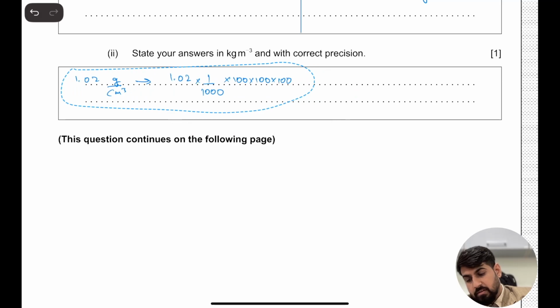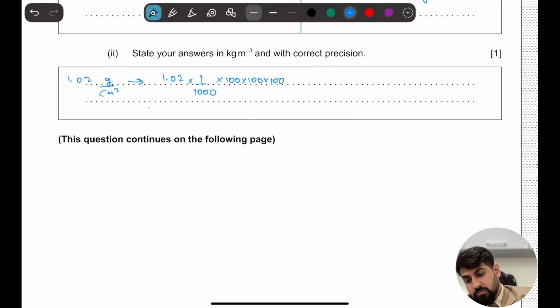Three zeros get cancelled out, so 1020 kg per meter cube.